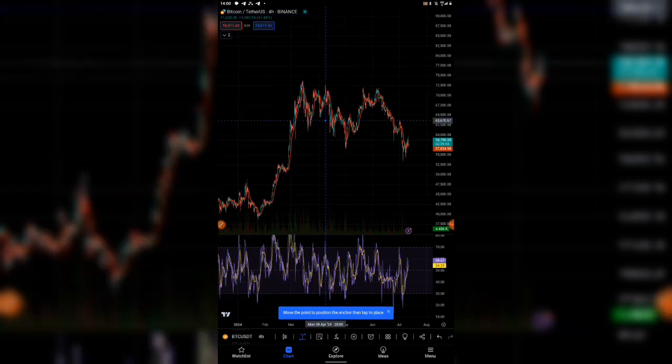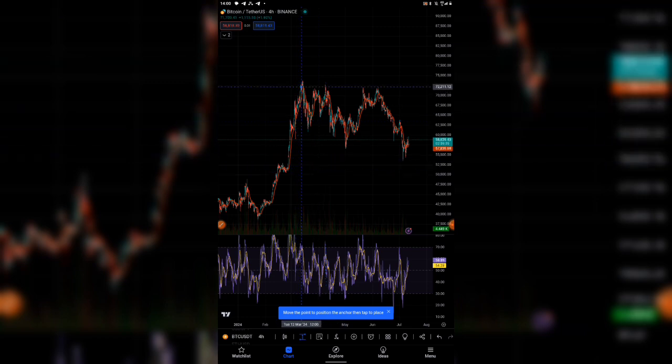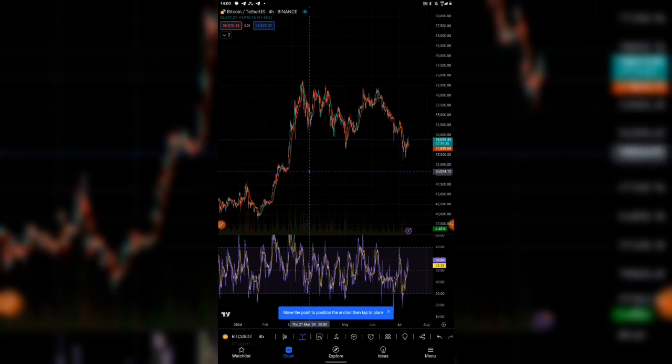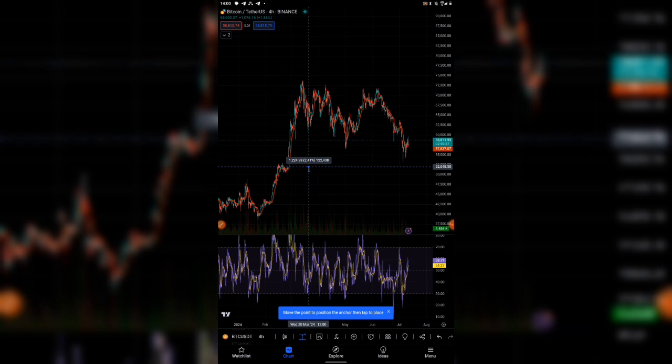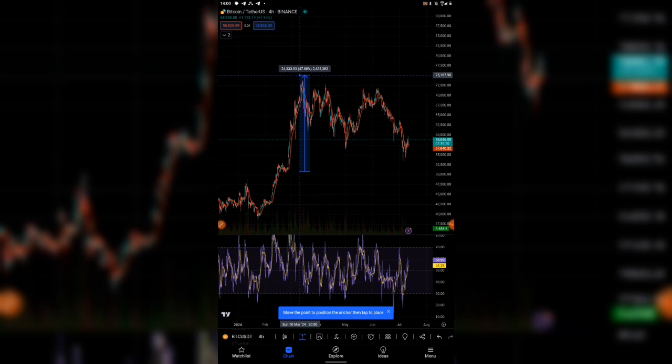Like I said earlier, we've decided we want to buy at the top here. We expect the market to dip from this point here to this particular point here. So what we are going to do now is click on this point and drag your price range up to this point.